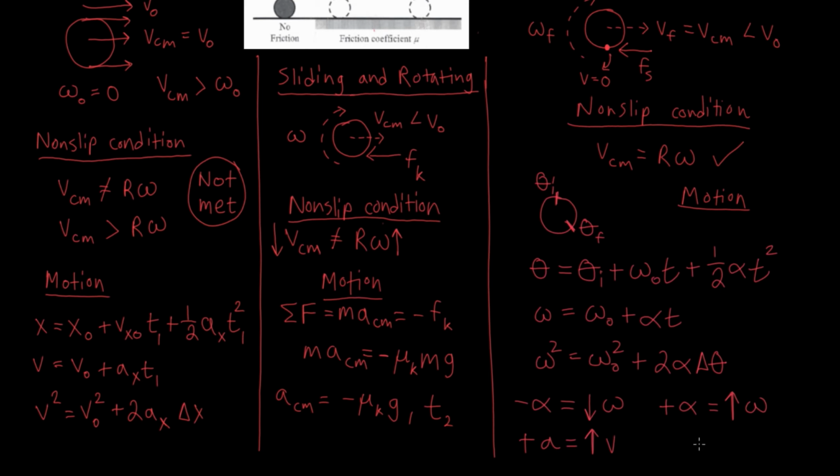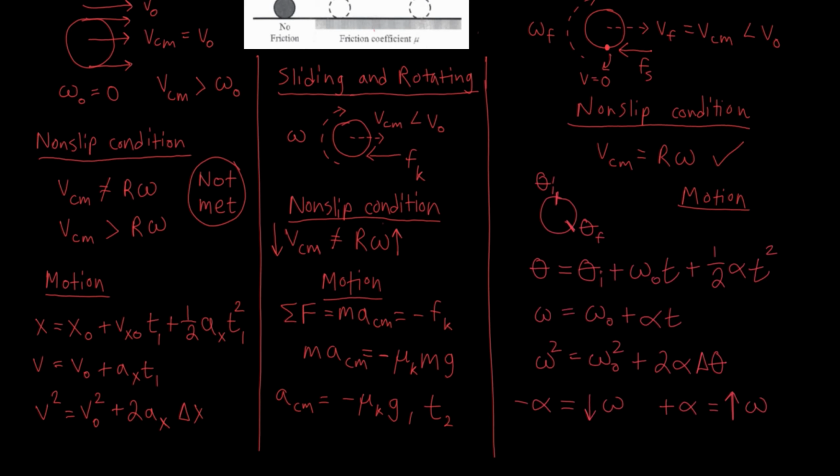And a negative acceleration would indicate that the velocity of the object is decreasing over time. So we can just compare. Notice how normal linear acceleration is very similar to rotational angular acceleration.